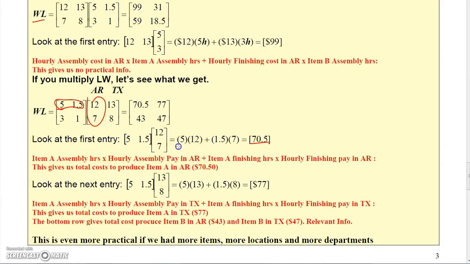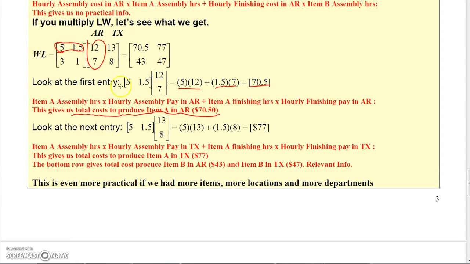So that's $60. And then you're taking item A's finishing hours times the hourly finishing pay in Arkansas. So that's $10.50. So you're getting $60 plus $10.50, which is $70.50. That gives you the total cost it takes the company to produce that product in Arkansas.